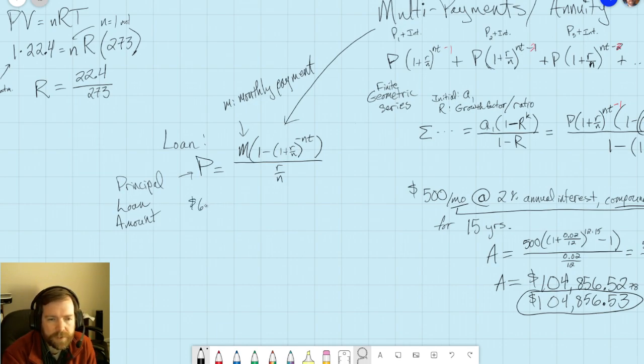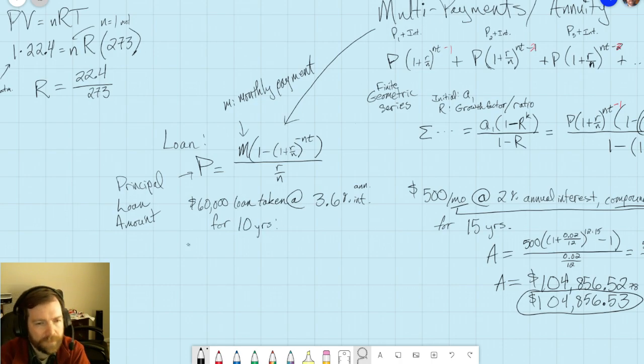So if we had a $60,000 loan taken at 3.6% annual interest for 10 years. Alright, so we've got 60,000 is equal to M, our payment.